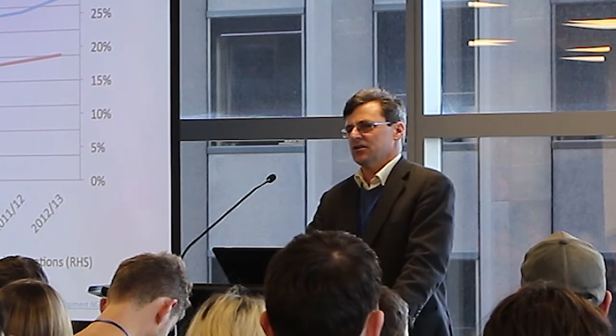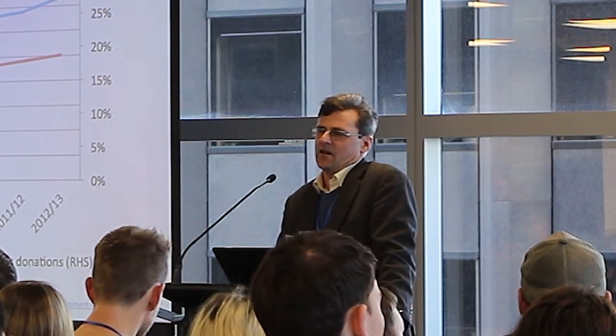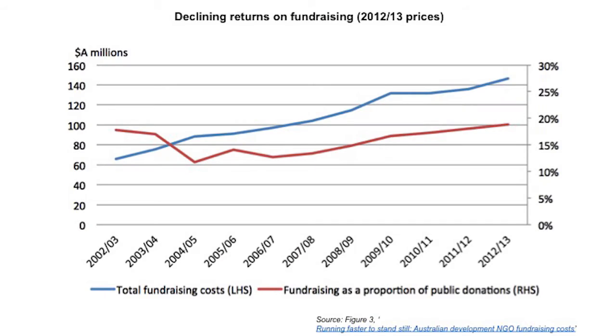One of the concerns with the NGO sector is that it's a very tough world out there. I'm involved in a couple of NGOs myself, and I know just how difficult it is to fundraise. And while the total amount of funds received hasn't gone up, fundraising costs have gone up. That's the blue line, and you see they've gone up from 60 million, more than 10 years ago, to over 140 million now. So fundraising as a proportion of the total is also going up.